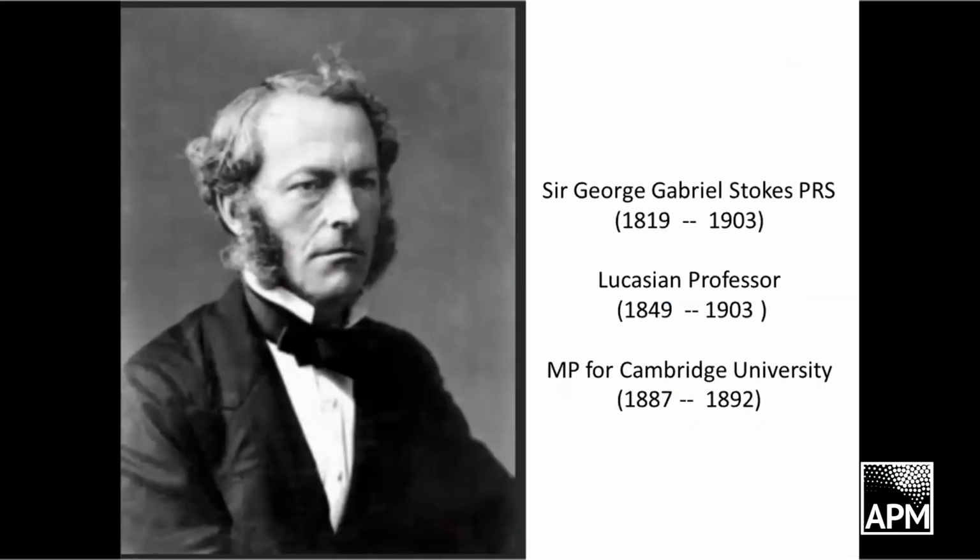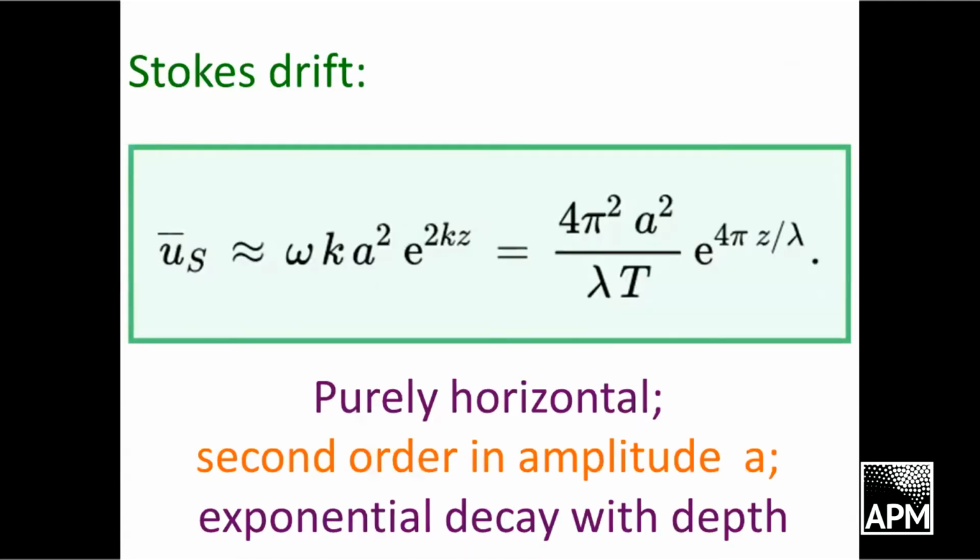But now there is another important velocity that was initiated by Stokes, whose 200th birthday we celebrated just a few months ago, and who was the Lucasian professor, the position that Stephen Hawking held until recently, for 54 years. And Stokes showed that there was a drift, or an important velocity, that goes like the square of the amplitude.